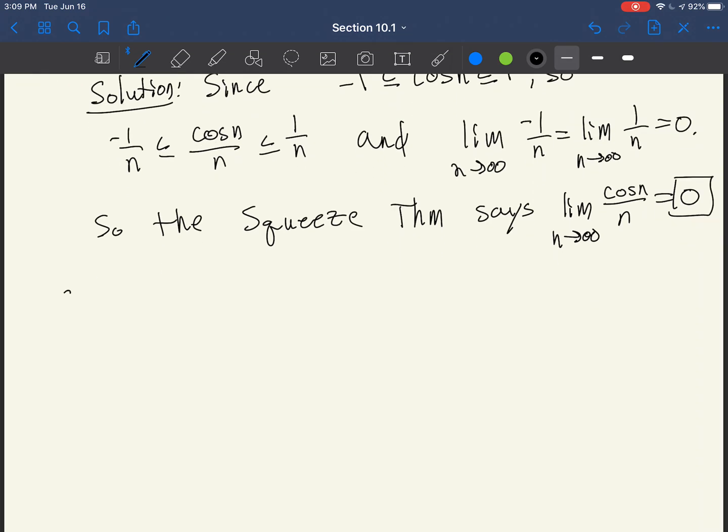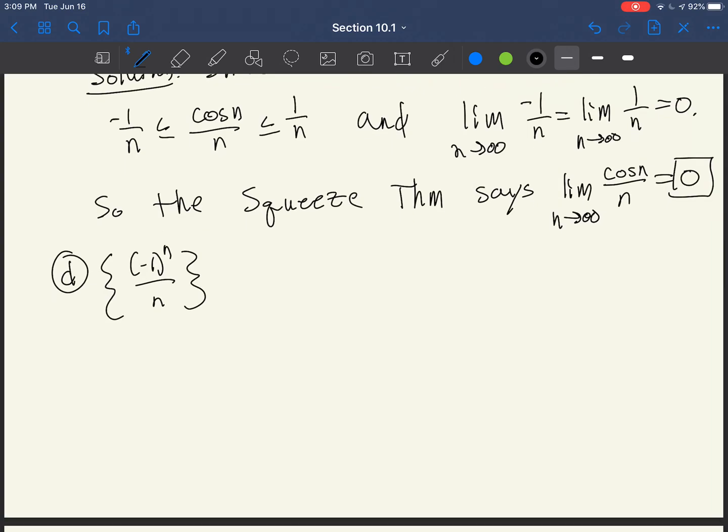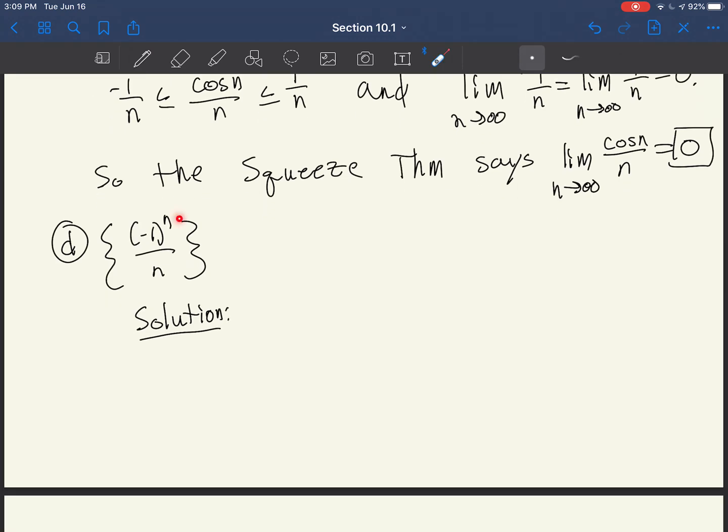And D, we have the sequence (-1)^n divided by n. Again, we cannot take this limit directly because (-1)^n is oscillating between -1 and 1. The way we will do this is we'll make use of the theorem that was mentioned after the squeeze theorem.